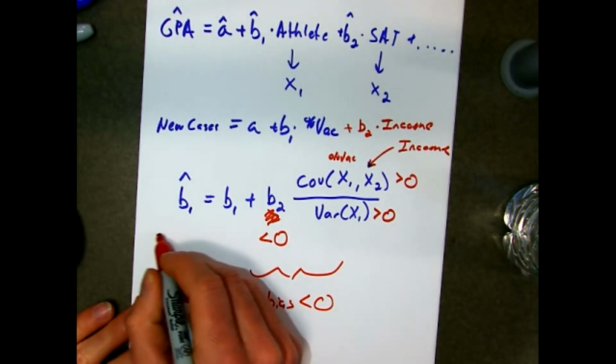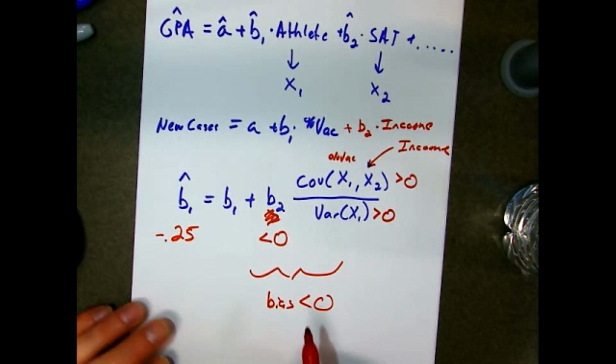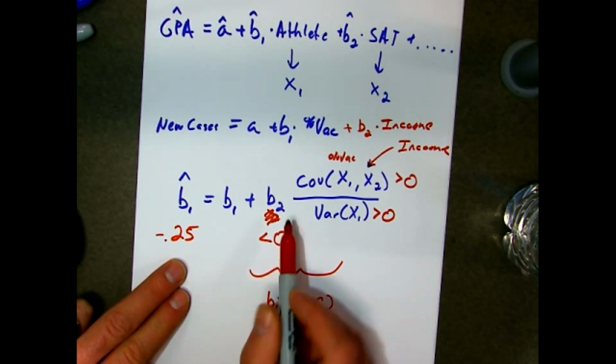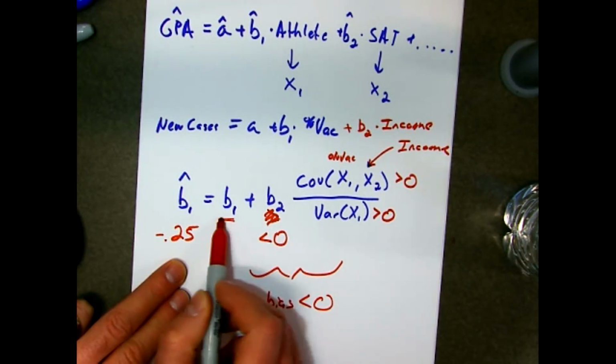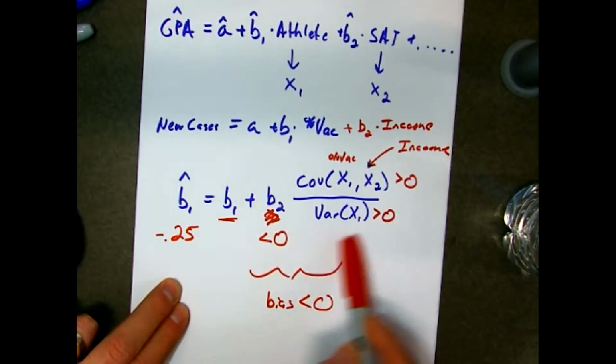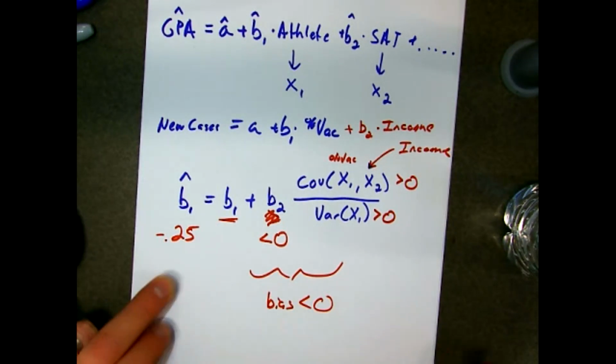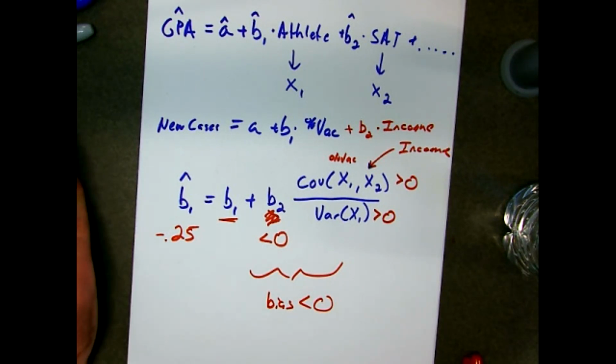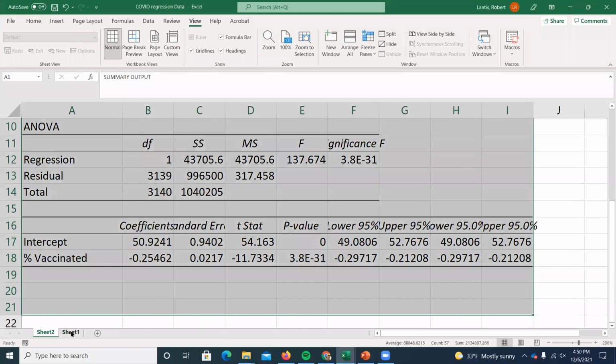So when we ran this regression, we saw negative 0.25. It's likely that I've got some negative bias, so that the true effect is actually something much smaller, closer to zero. Or maybe it's positive. Maybe the sign flips, if this is a large enough negative bias, my coefficient is really being swayed by that.